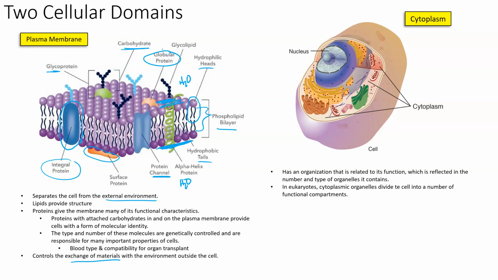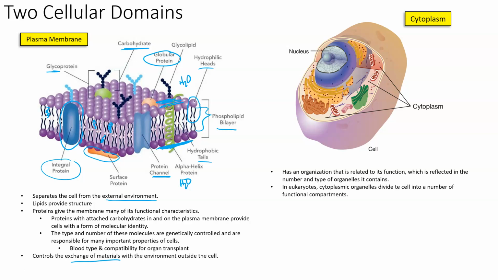Another thing that isn't really identified in this diagram is that within the cell membrane you also have cholesterol molecules, which are always oriented with the tails within the hydrophobic zone, and the cholesterol gives the cell membrane rigidity and some structural complexity.